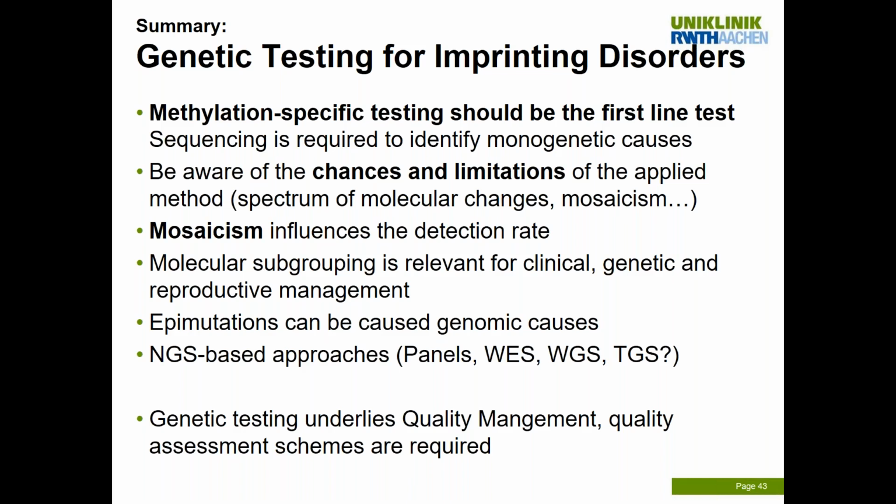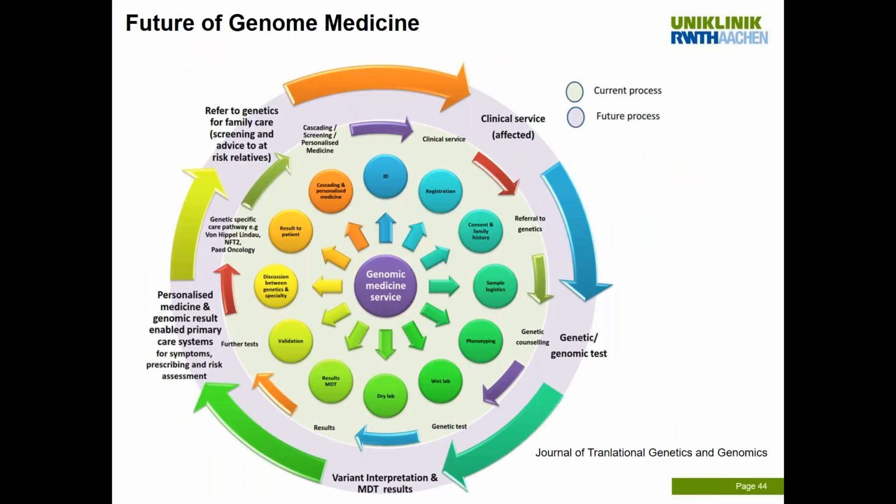We have to carry out quality assessment schemes. And why do we need this very precise molecular testing? We need it for our future genome medicine, meaning a personalized medicine based on very precise molecular diagnosis, which I have already mentioned in the beginning.